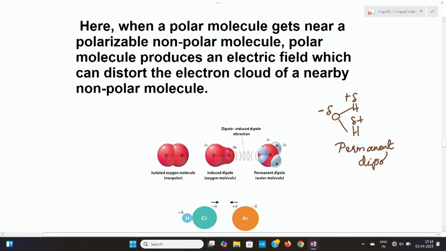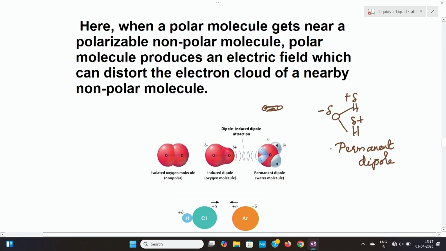And we have another, isolated molecule, an oxygen molecule. This oxygen molecule is non-polar because the electrons are shared between the two oxygen atoms.